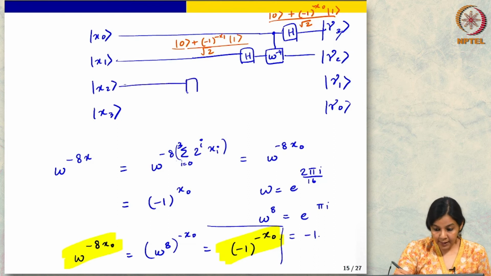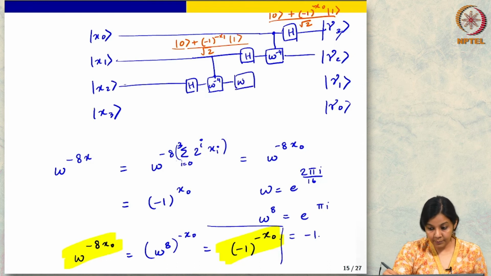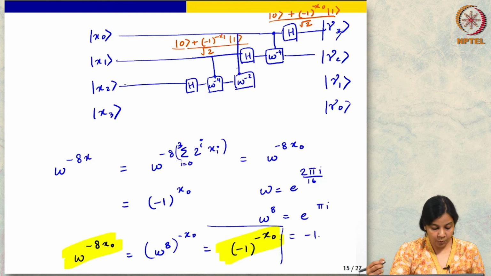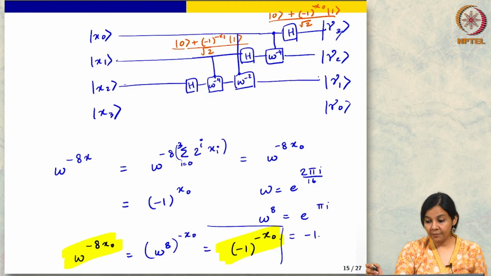Again I have the H, then I have the omega to the minus 4, this time the input is coming from x1, and then I also have omega to the minus 2 with the input coming now from x0. This will give me gamma 1.